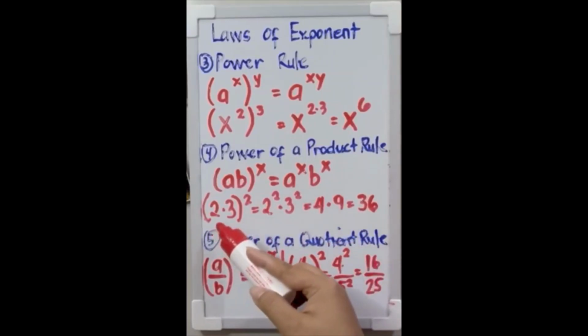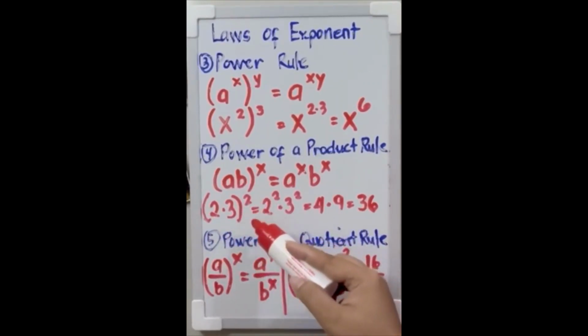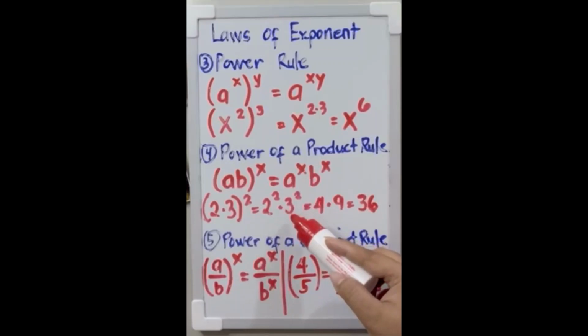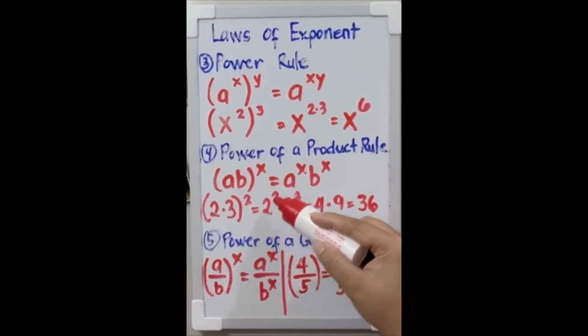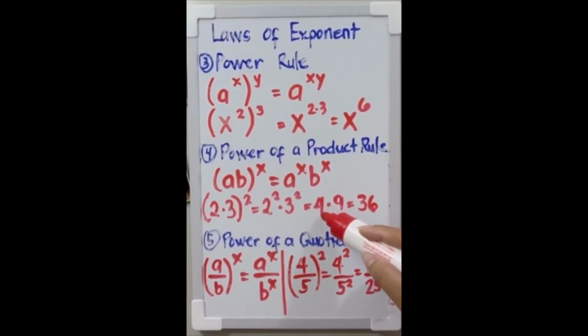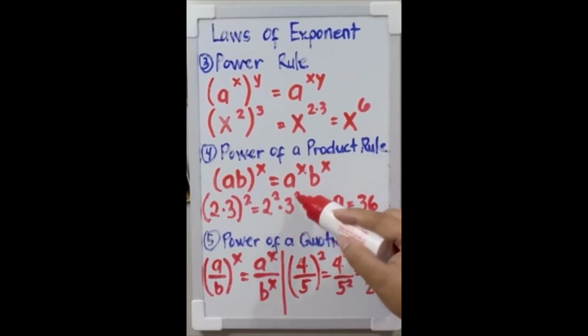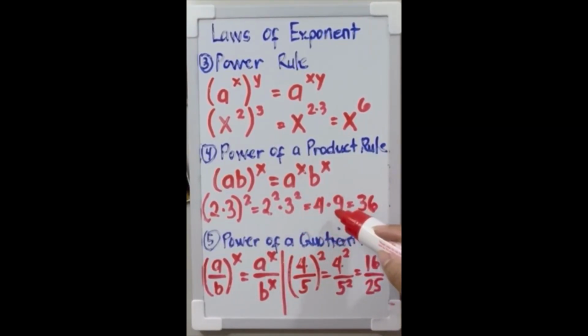For example, we have two numbers: the quantity 2 times 3 raised to 2 equals 2 raised to 2 times 3 raised to 2. 2 squared is equal to 4, that is 2 times 2. Then times 3 squared, this is 3 times 3, that is 9. So 4 times 9 will give us 36.